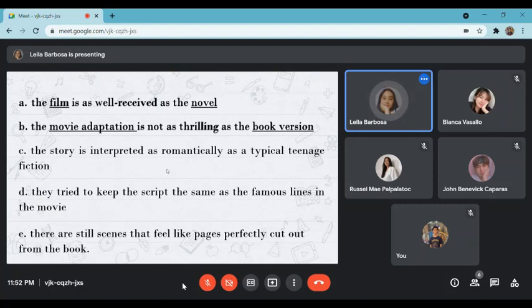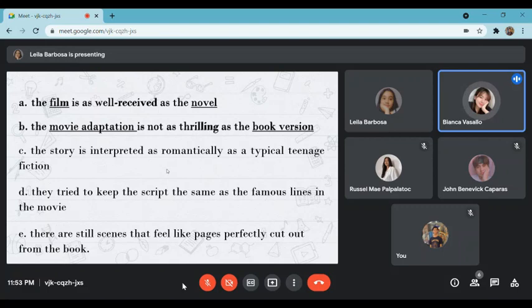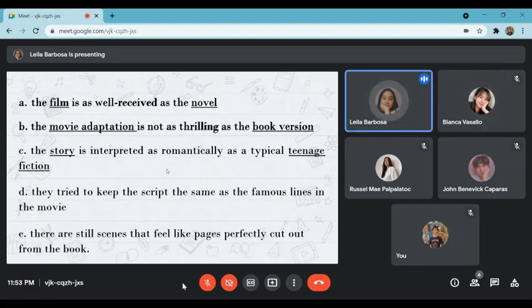For letter C. Yes, Bianca. For letter C, the two things that are being compared are story and teenage fiction. Okay, so the two things are the story and the teenage fiction. For letter D rather. Yes, Russell.